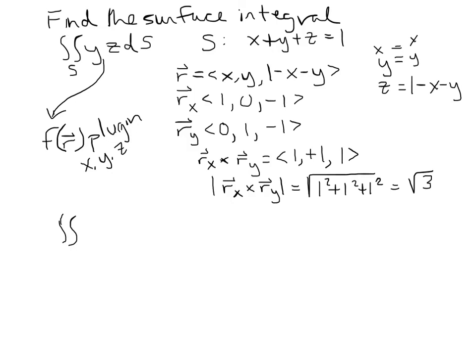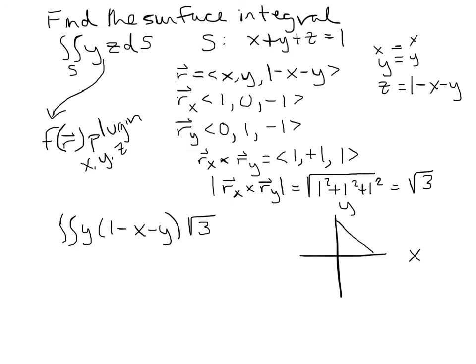So we take our function, y is y, z is 1 minus x minus y. We multiply that by the magnitude of the cross product, where we got root 3. There's that root 3. And then we have the exact same double integral to look at, so we have the exact same bounds as before.